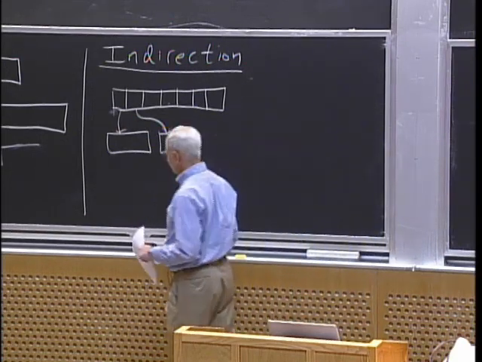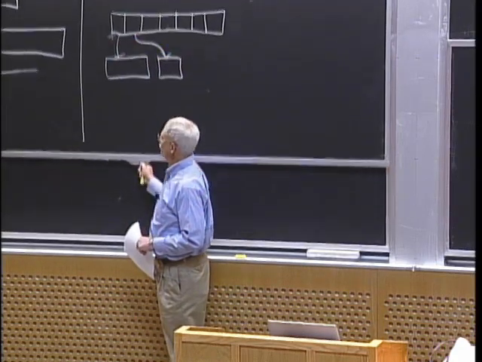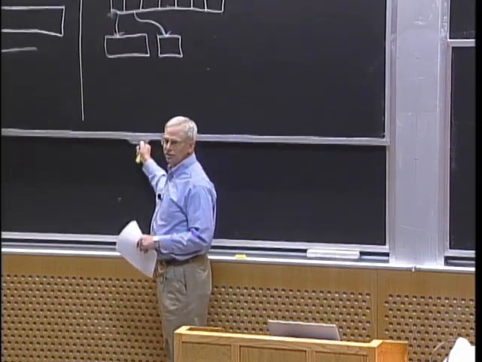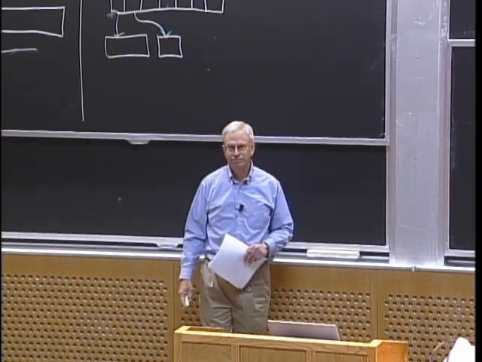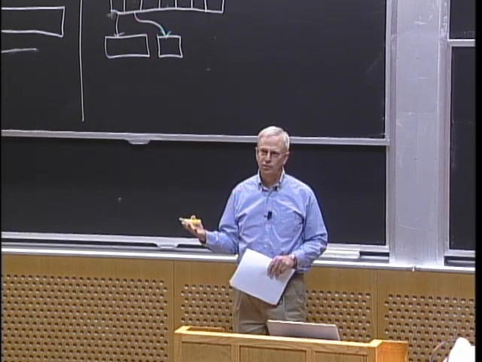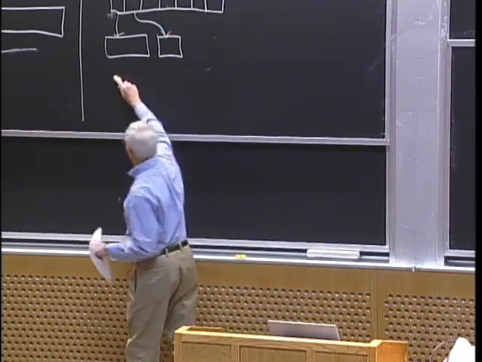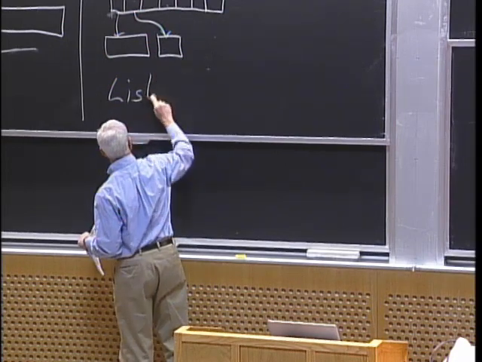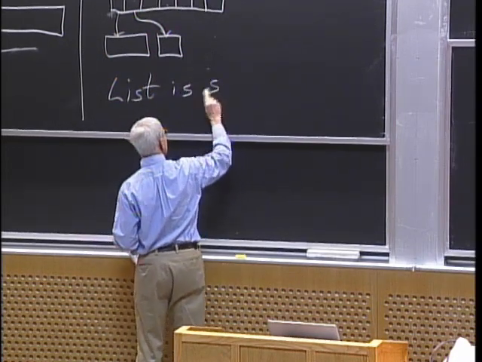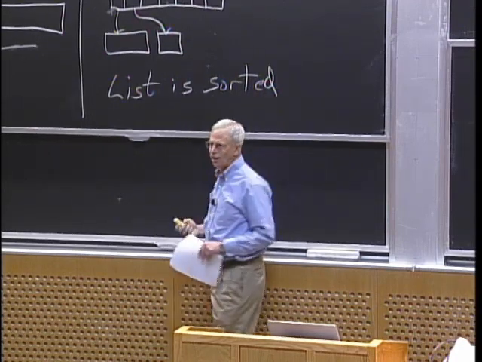All right, there's still one catch. There's an assumption to binary search. Binary search works only when what assumption is true? The list is sorted. Because it depends on that piece of knowledge.